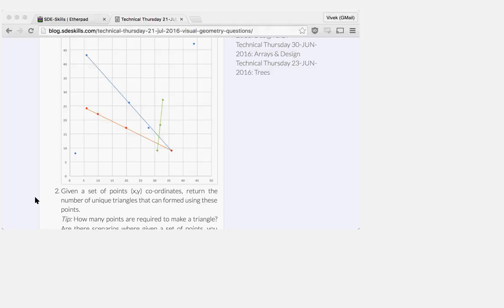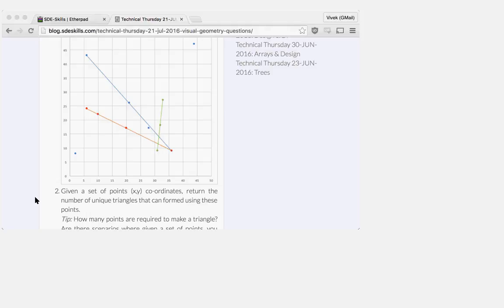For example, if you see the red line and the blue line, if you pick the first red dot, the topmost and leftmost, and then you start looking for other dots, and you get the second dot in blue, and you draw a single line with that, that is just 2 points.